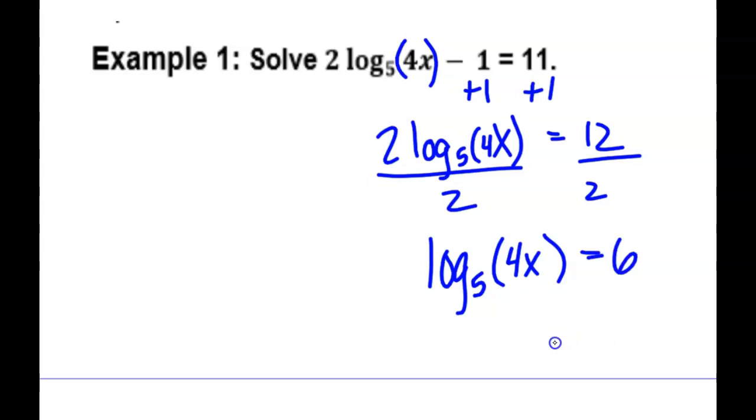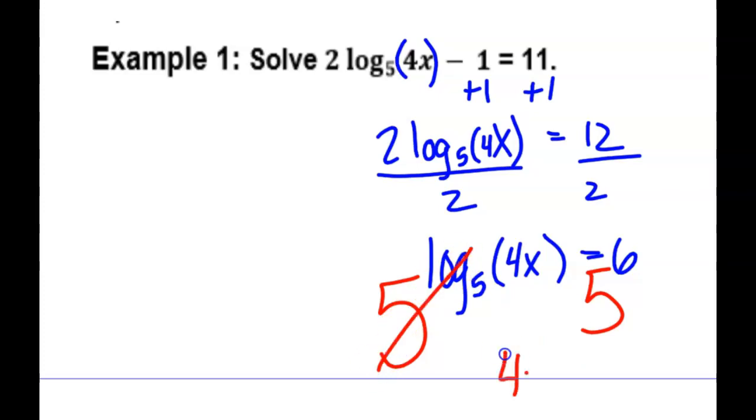We need to come to an understanding. I would prefer that we rewrote this as 5 to the 6th power equals 4x. But last year, your teachers probably did some magic like this called exponentiating. And they said a log base 5 and a base of 5 undo each other.